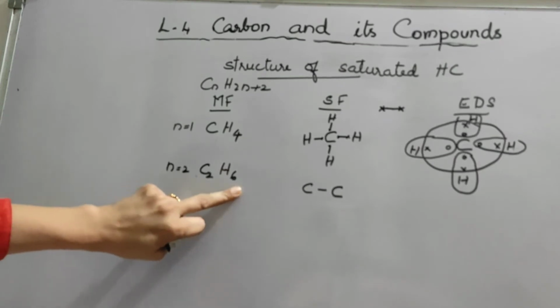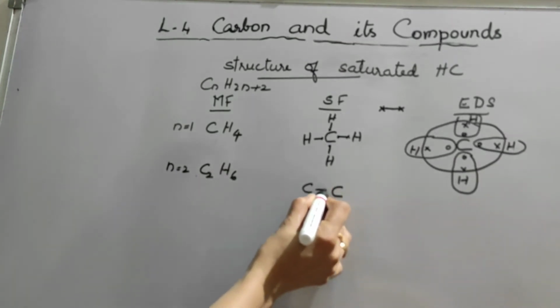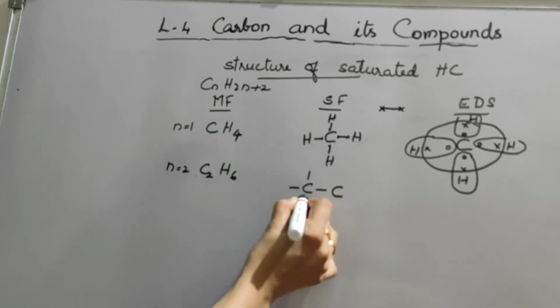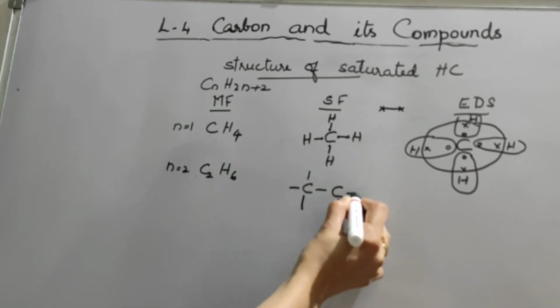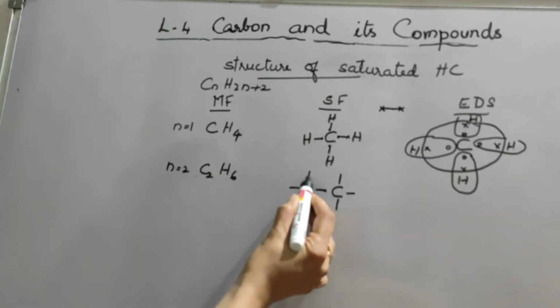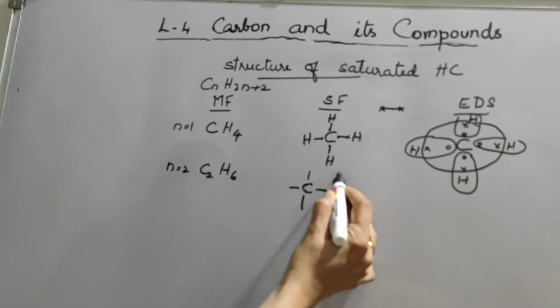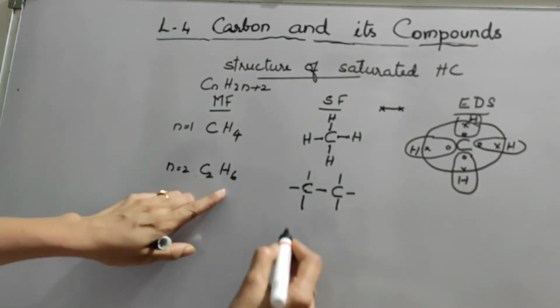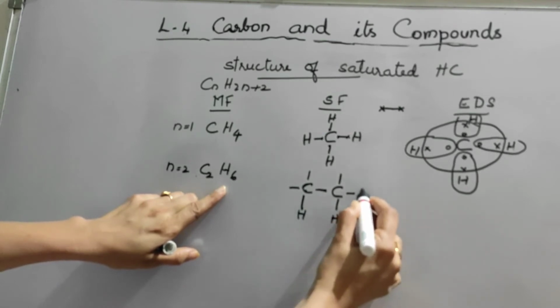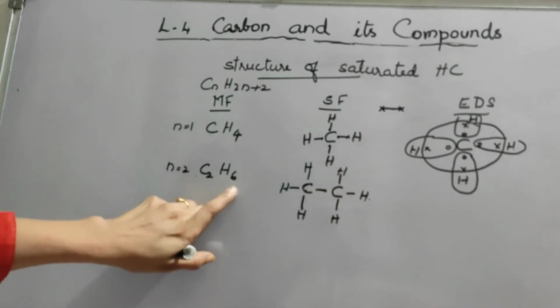Afterwards fill in the hydrogens. So 1 bond is here, 2, 3, 4, 5, 6, 7. In the first carbon, 1, 2, 3, 4. In the second, 1, 2, 3, 4. 4 valencies. And put the hydrogens in each case, 1, 2, 3, 4, 5, 6, all hydrogens filled.